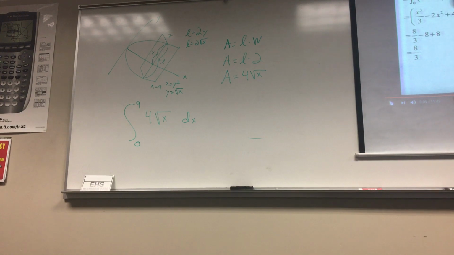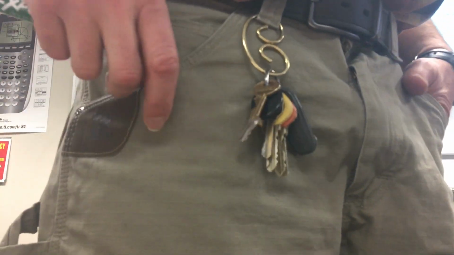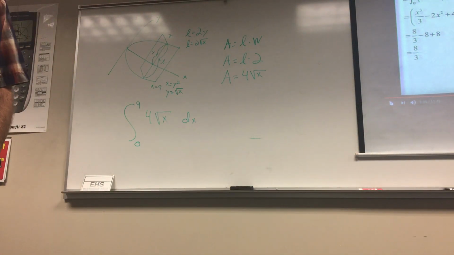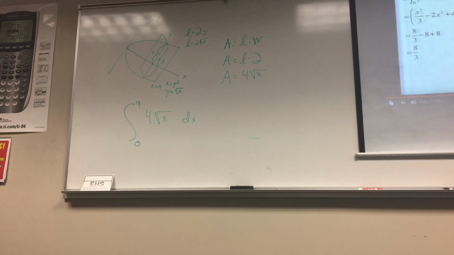Yes. How'd you get the 0 to 9? It's given up in the top of the problem. So it's between 0 and 9. Look up in the top. It says, let R be the region bounded by the graph of x equals y squared and x equals 9.